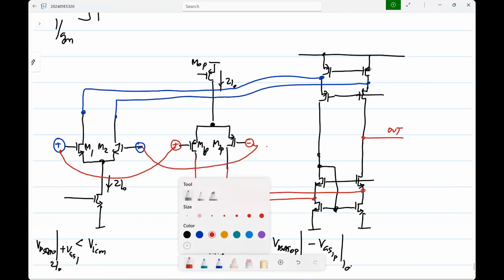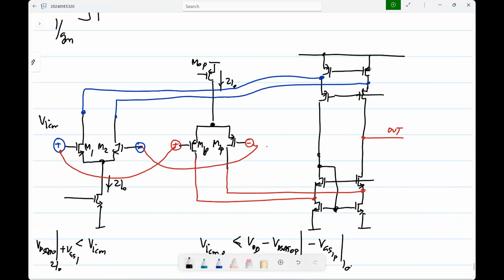So if you have VICM plus VD by 2, VICM minus VD by 2, we will have currents which are incremental. I will show only the incremental currents. This will be plus GMN VD by 2, and this will be in the other polarity, GMN VD by 2.